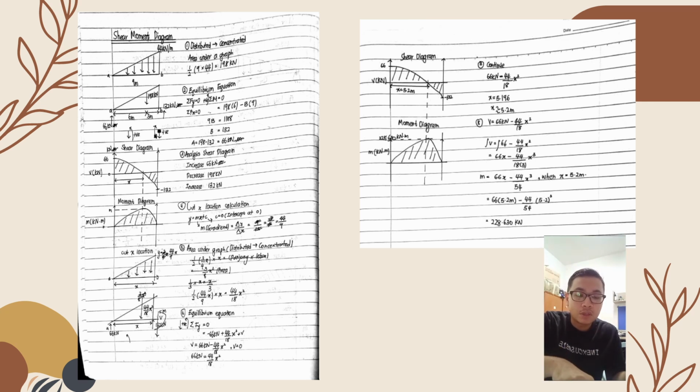Using the moment equation, we put in 5.2 meter, and then we get the value for moment, 228.630 kilonewton meter. So that's how to calculate shear and moment, and also the way to produce the shear and moment diagram. Thank you.